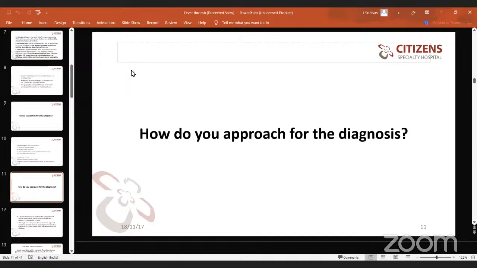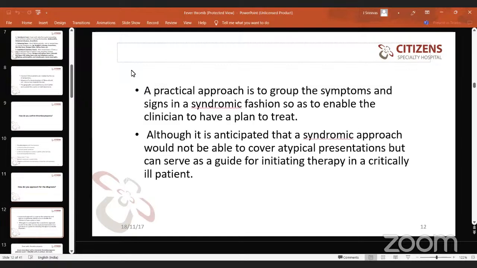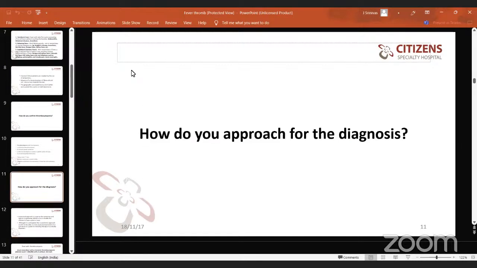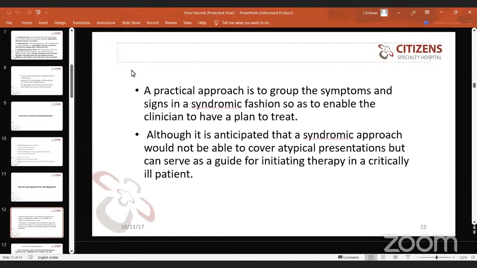Sir, how do you approach a patient with the combination of fever and thrombocytopenia? What comes into your mind? A practical syndromic fashion is most important to enable the clinician to have a plan for treatment.